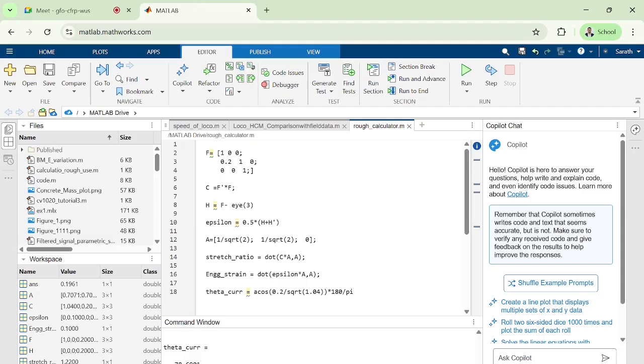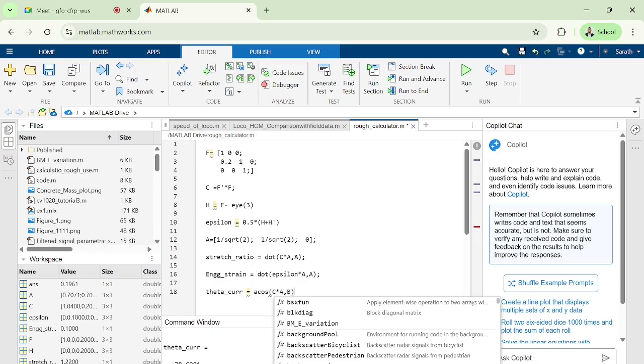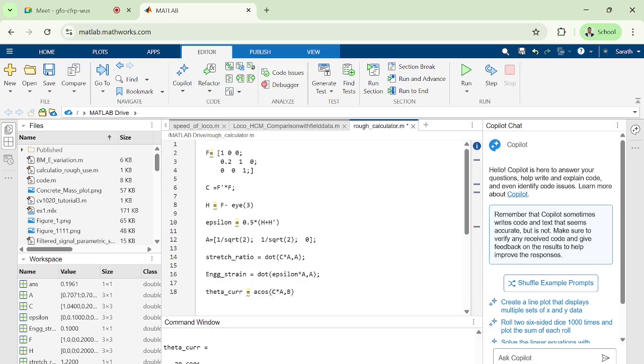The formula for theta current is cos inverse of C times A times B. By the way, this has to be a dot product.